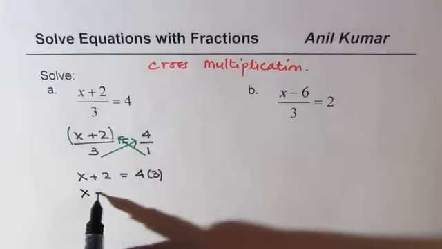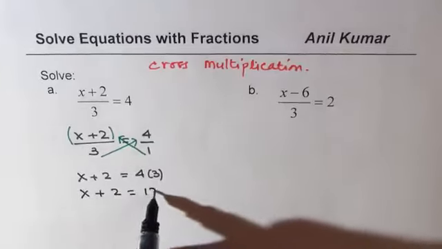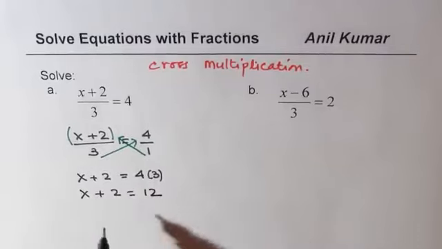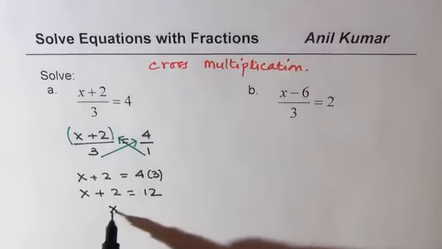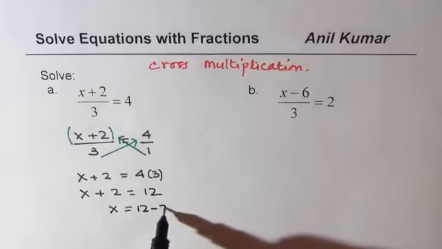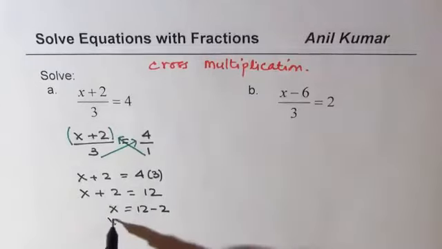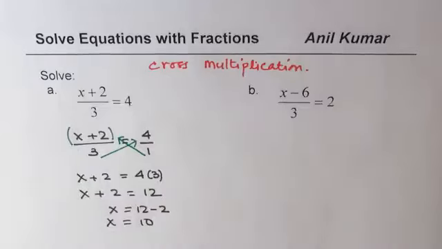So what we have here is x plus 2 equals to 12, and now this is without fractions, easy to solve. X equals to 12 minus 2, which is 10. So we get x equals to 10. Some of you can check the answer by placing 10. What do we get?